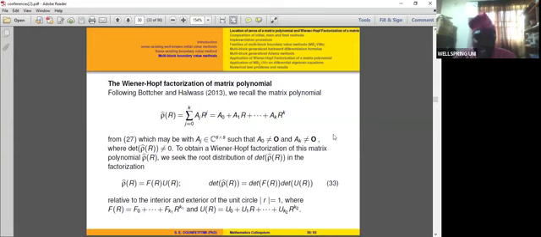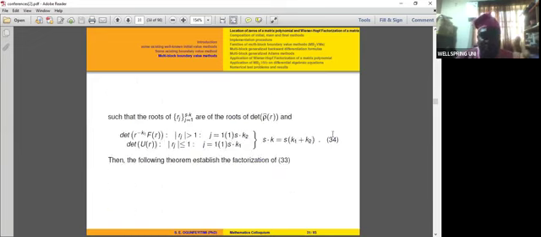We have a matrix. Our mission is that when we have a matrix, we want to look for a matrix whereby when we split the matrix into two, the determinant of each of them will give us roots: one of the matrices will give us all the roots inside the unit circle, and the other matrix will give us all the roots outside the unit circle, as documented in equation 33, related to the interior and exterior of the unit circle, where our F and U are given, such that when we take the determinant of R minus k1 F of R, we are expected to have all the roots outside the unit circle.